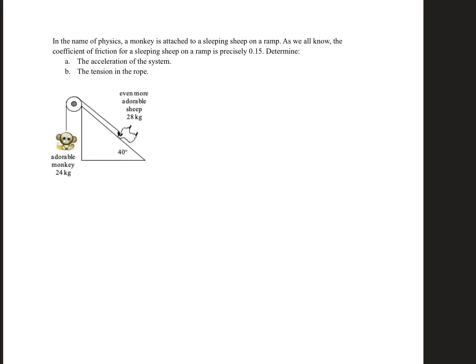So doing that, we'll use the monkey over here. Let's call this mass 1 and we'll call this mass 2. So we'll have FG1 here, and then we'll have tension. For the sheep, we have FG2.